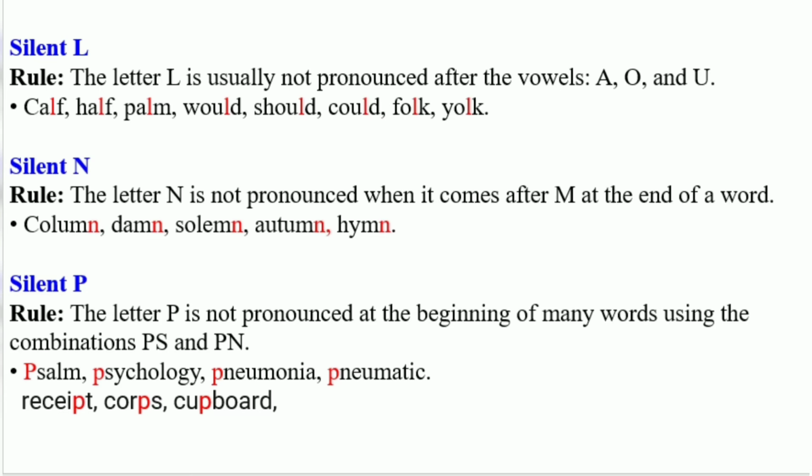Now the letter P. Letter P is silent at the beginning of many words using the combinations PS and PN. For example, psalm, psychology, pneumonia, pneumatic. P is silent in some common words also.